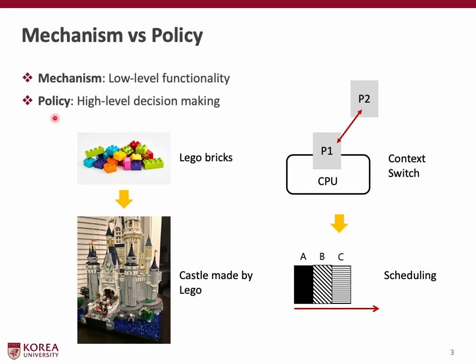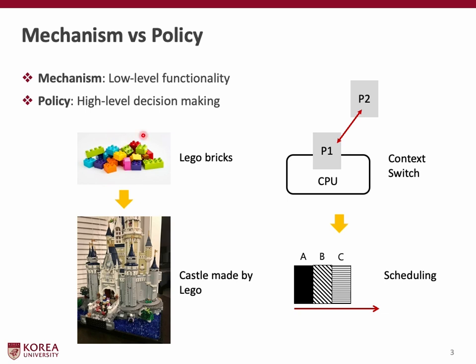In contrast, policy refers to high-level decision-making. It determines how those operations should be carried out. When a decision is made at the policy level, it gets applied to the mechanism, which then defines how the system behaves.